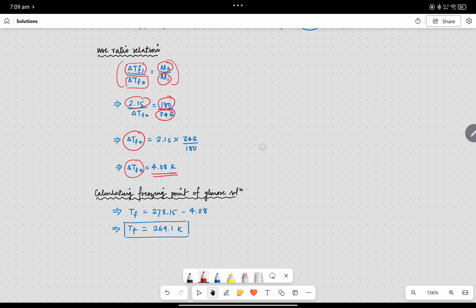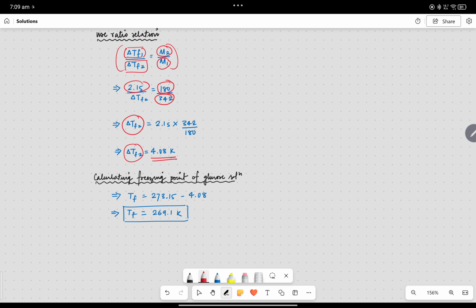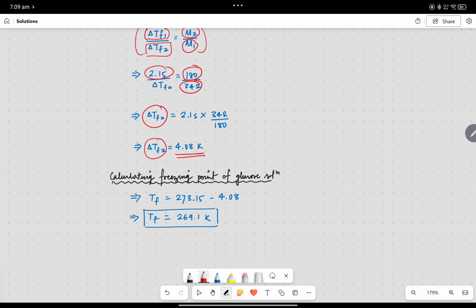That means once you mix 5% by weight of glucose in water, you will get a depression of 4.08 from the pure freezing point of water, right? So the freezing point of the new solution, 5% glucose in water, is 269.1 Kelvin, right?